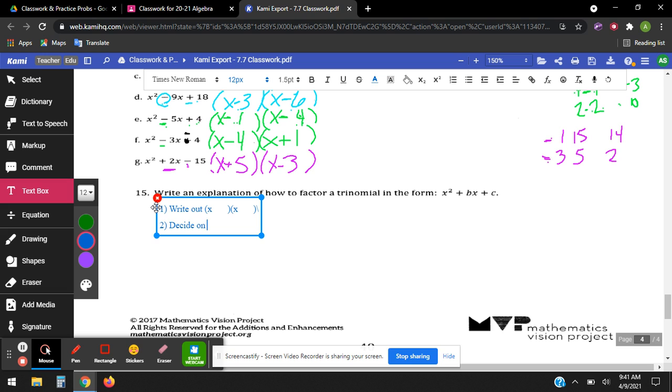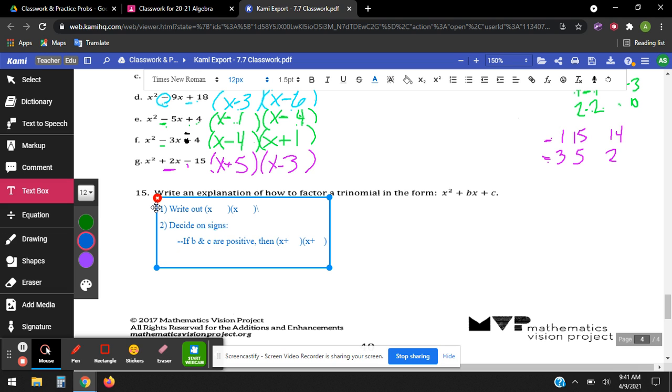So decide on signs. What are we doing? Adding or subtracting? So, for example, if B and C are positive, then it's an x plus and an x plus. Okay.